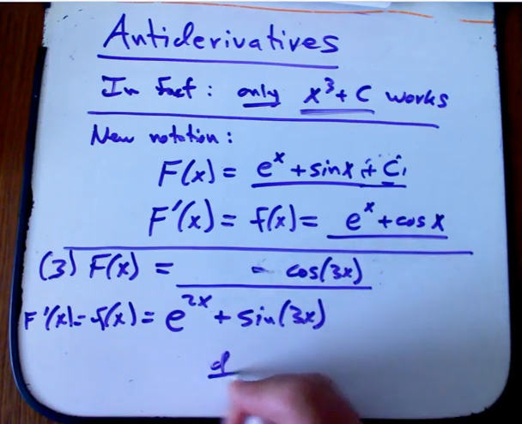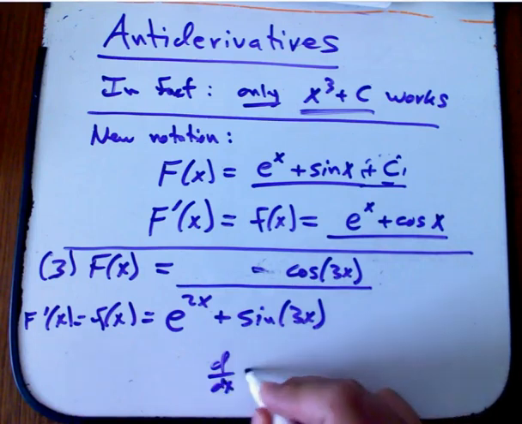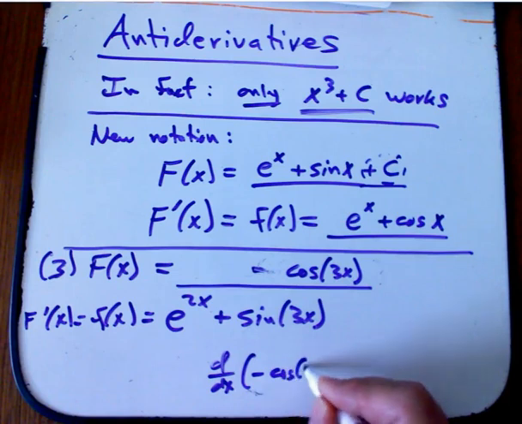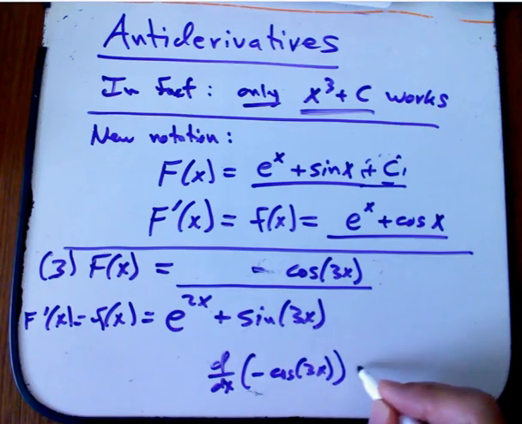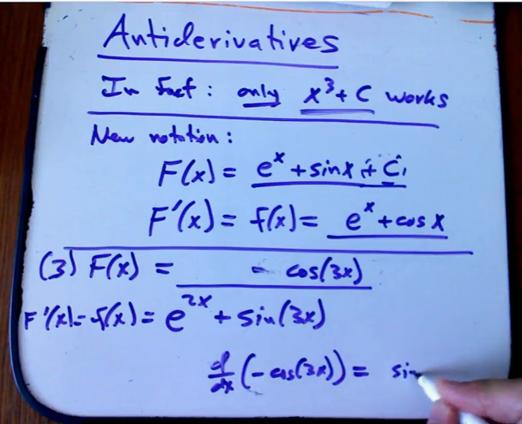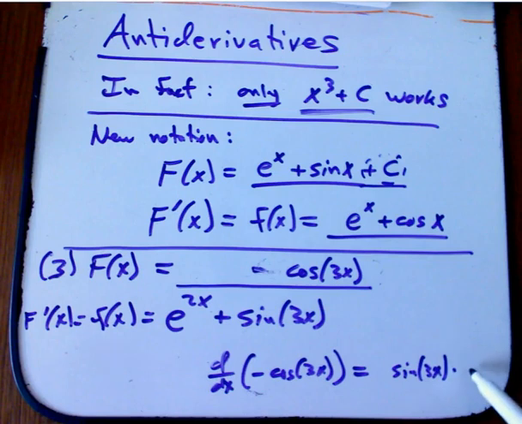Derivative of minus cosine of 3x. Okay, minus cosine goes to sine, evaluated at the inner function unchanged, but then times the derivative of the inner, which is 3. So that's not great because we didn't want that 3 coming out. But it's easy to fix because it's a constant.